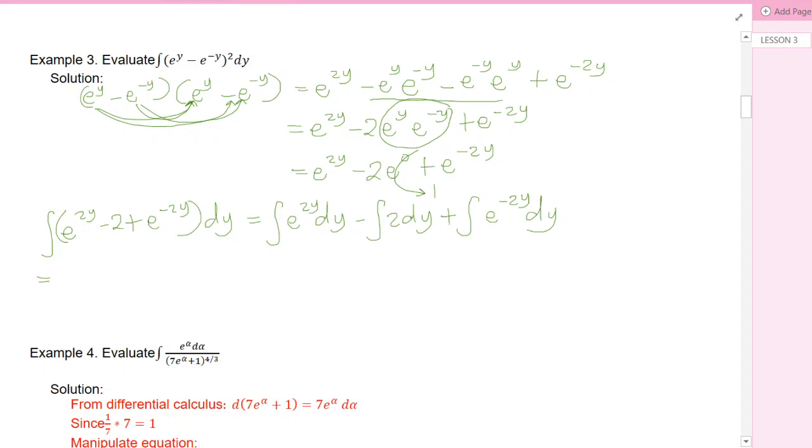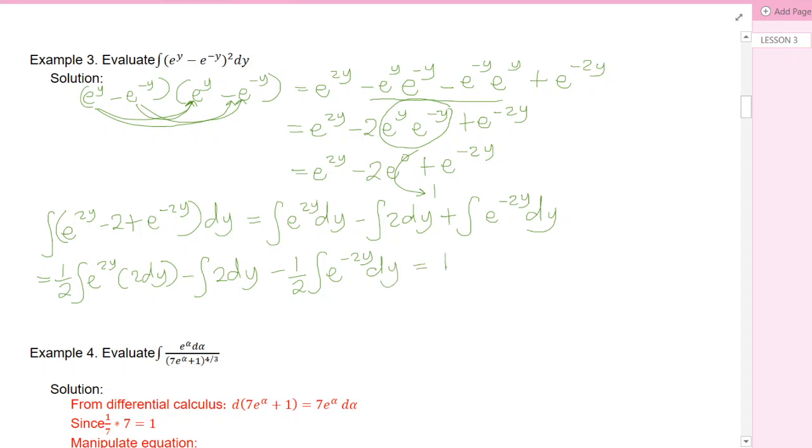So manipulating that, it will give us 1/2 the integral of e raised to 2y multiplied by 2 dy minus, this is just a power rule, that is the integral of 2 dy, minus, that is negative, so let us divide it by negative, 1/2 the integral of e raised to negative 2y dy. Okay, we are now ready for that one.